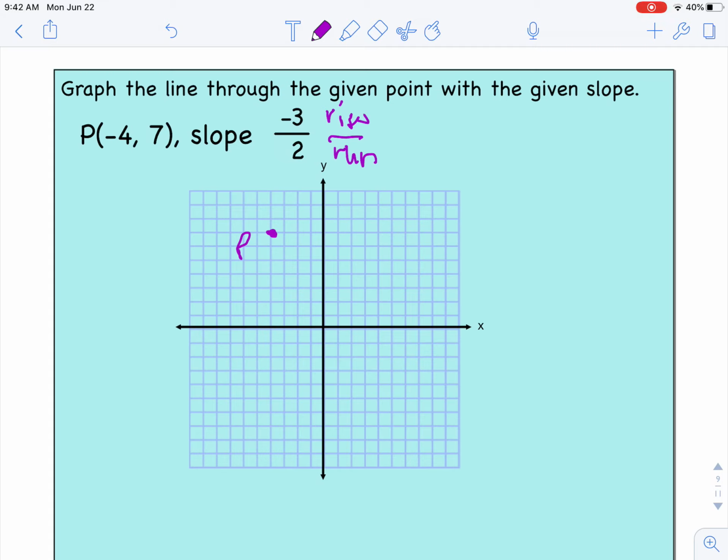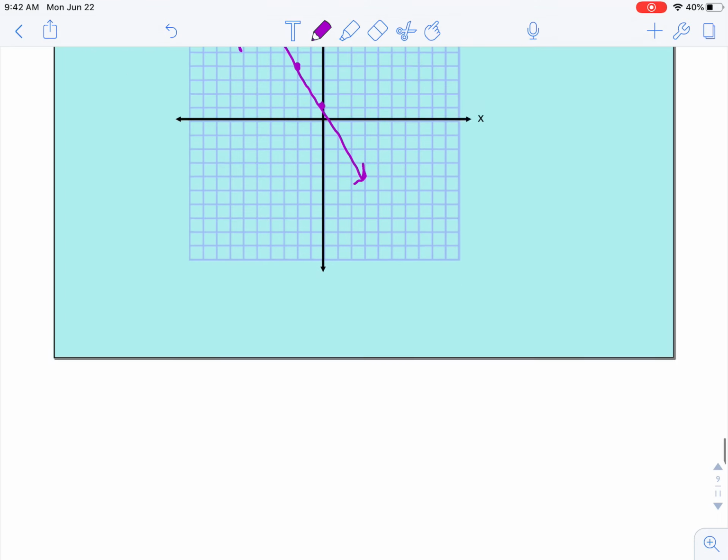So when I rise and it's negative, I go down. So 1, 2, 3, and then I go to the right 2, 1, 2. So rise is -3, run is 2. I do it a few times, and then I connect my points, and there I have graphing a line. So that's a quick review of graphing the line.